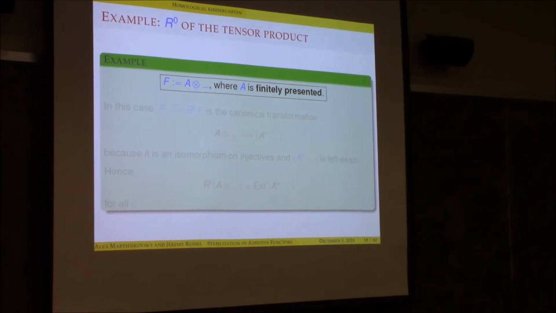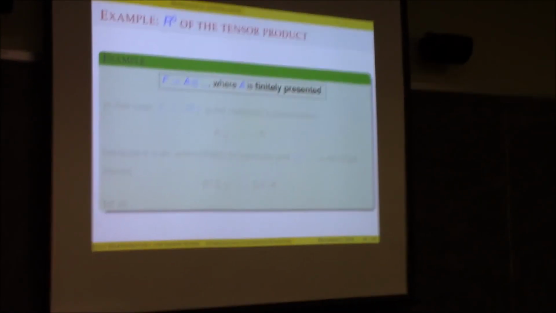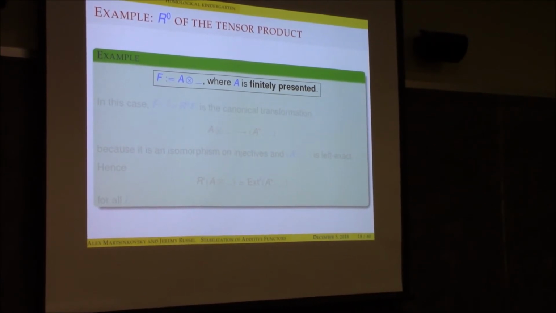Well, here's another example. We're going to look at the right derived functor of the tensor product. Again, deriving on the wrong side. Again, I don't know what that is in the general case, but when A is finitely presented, we have a similar map. Again, you can play with the linear forms and vectors.